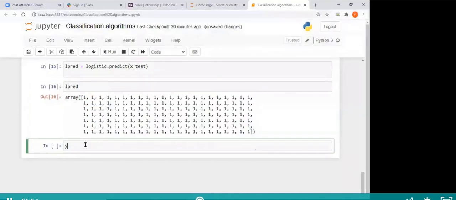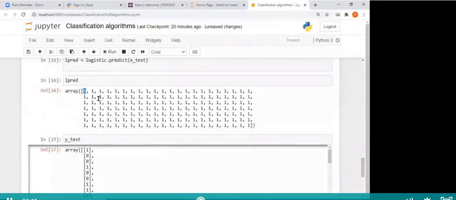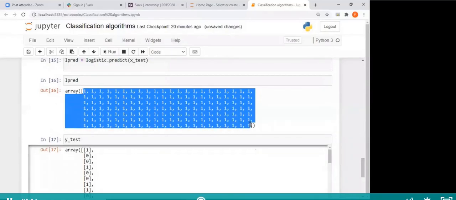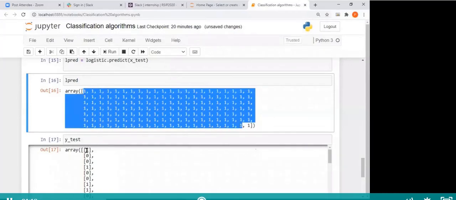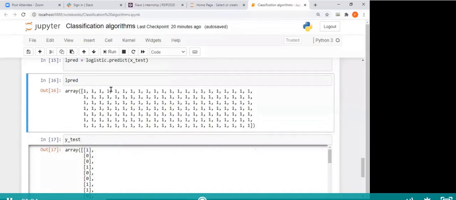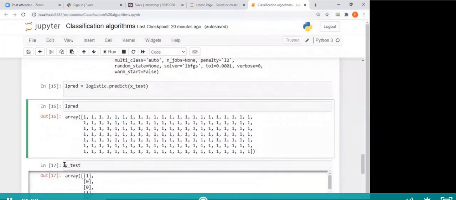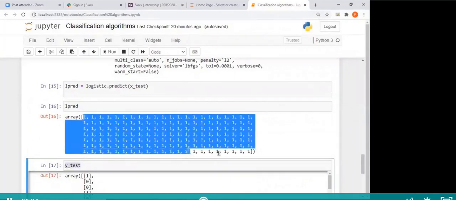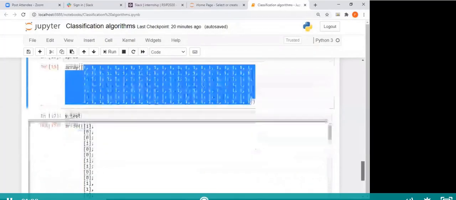Let's see Y_test. So if you see, most of the values are misclassified by the algorithm. Have you seen this? See here, only the first value is correct. Remaining, these two are wrong. This is correct. These two are correct. When you compare your lpred and Y_test, you can see everything is 1. It predicted yes for all the values.